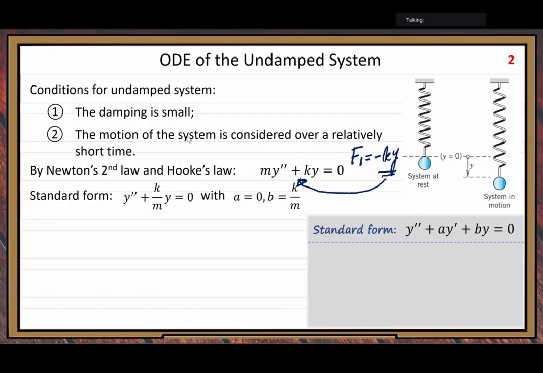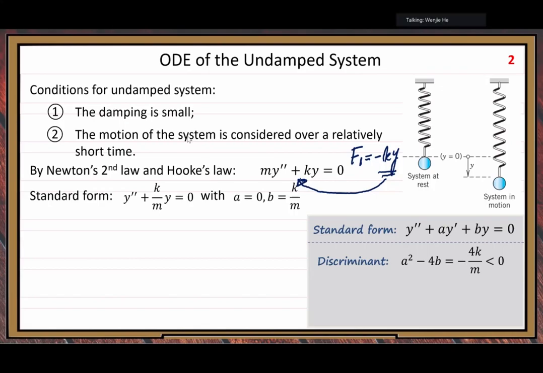So we can look at the solution. In order to write the solution, we need to look at the discriminant, because for the positive discriminant and negative discriminant, the solution forms are different. Let's look at the discriminant, a squared minus 4b.